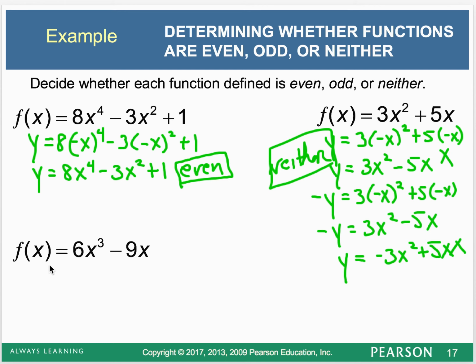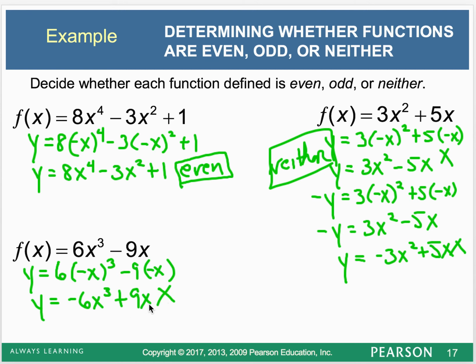All right, let's do this one. Okay, so let's try even first. 6 negative x cubed minus 9 times negative x. So y equals, this would still be a negative, so negative 6x cubed plus 9x. Nope. That was even, let's try odd.